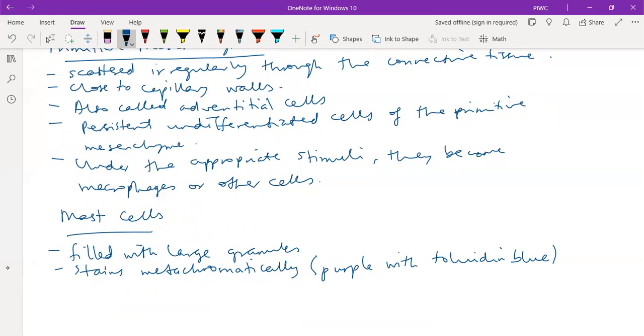Now, the mast cells often occur in groups close to blood capillaries.